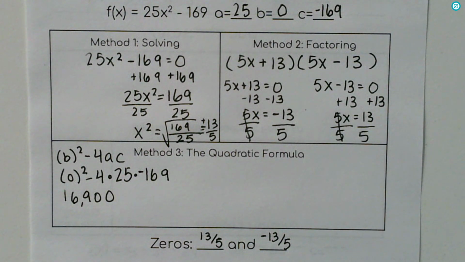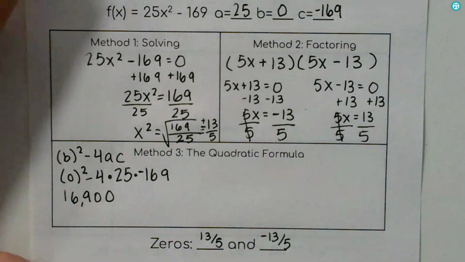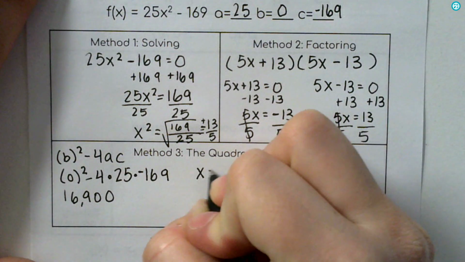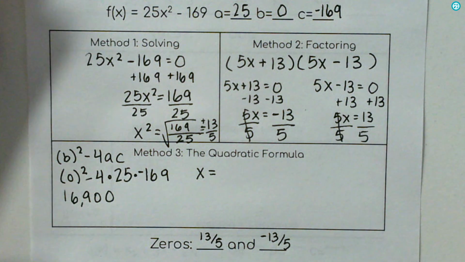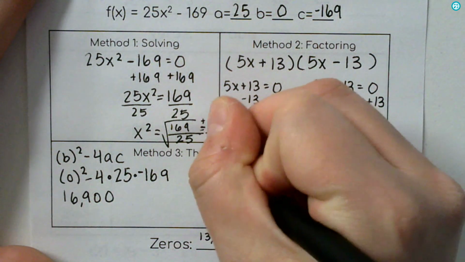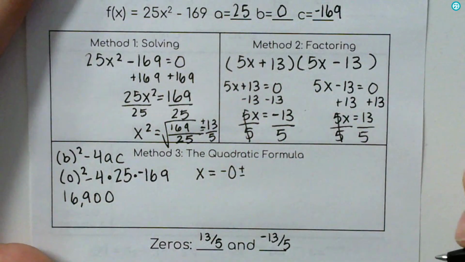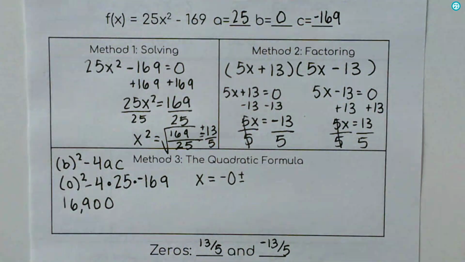Okay. Now we're going to plug everything into the rest of our quadratic formula. So we have x equals negative b. What's my b value? 0. So I'm going to go ahead and write down negative 0. I'll get rid of it in the next step. But I want us to see that we plug something in there because I don't want us to just think it doesn't exist.